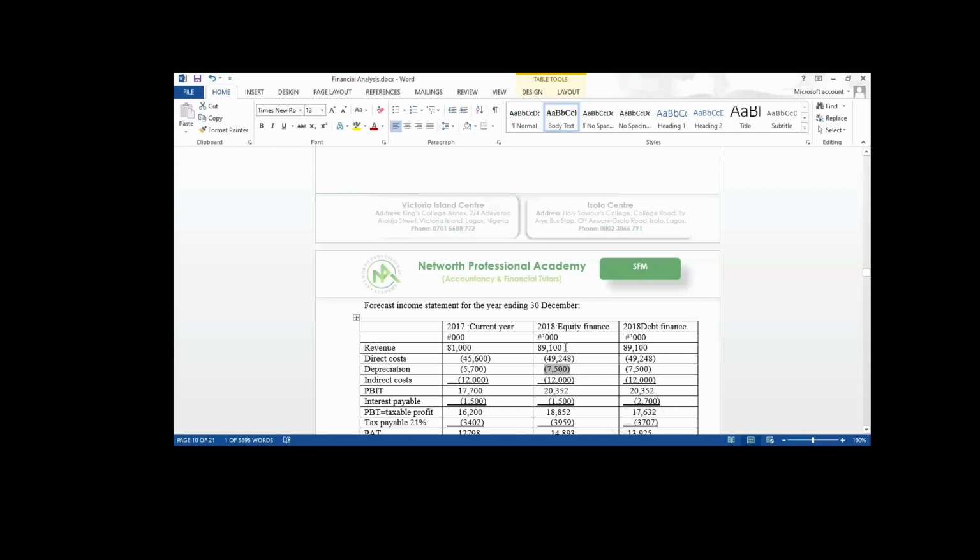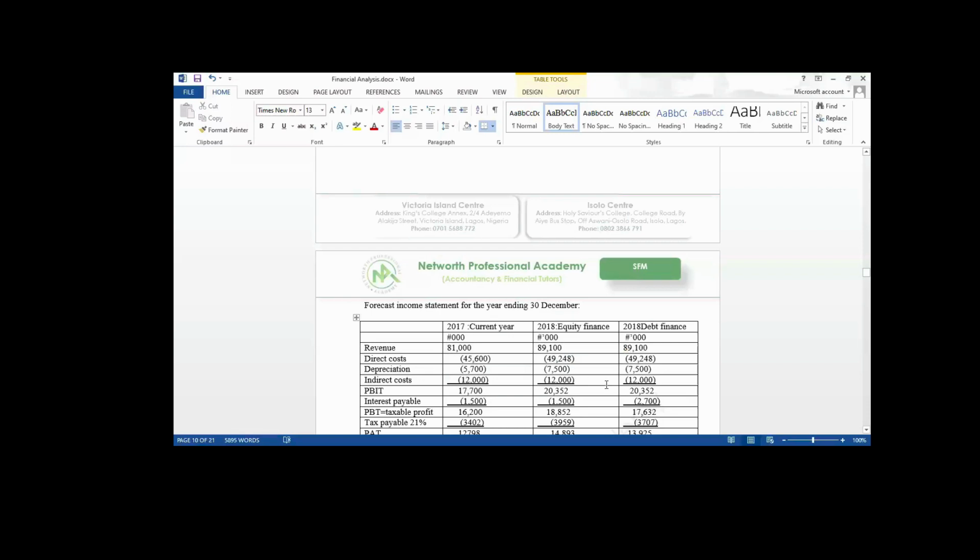We have explained revenue. We have explained direct cost. We have explained depreciation. We have explained indirect cost. Indirect cost is your overhead cost. You can now get profit before interest and tax. Please, let's do the deduction: revenue minus direct cost minus depreciation minus indirect cost. That will give you your profit before interest and tax.